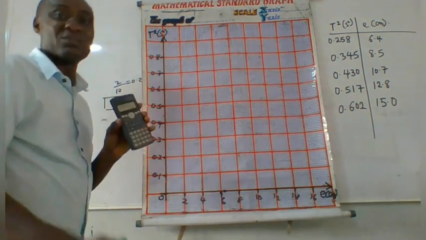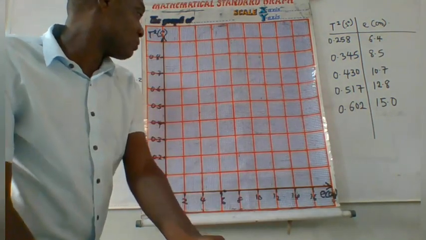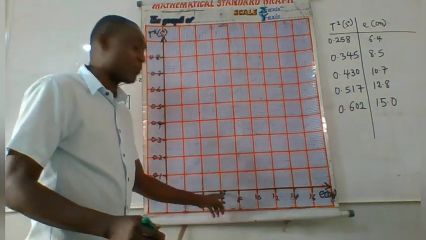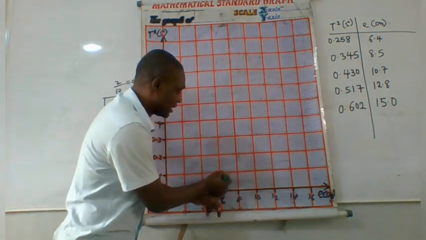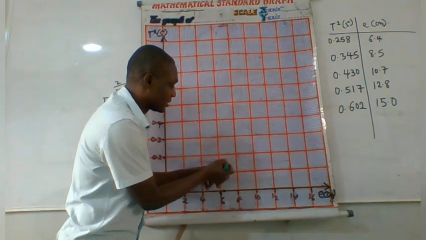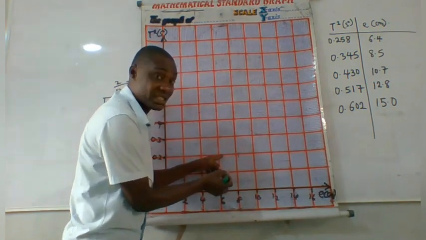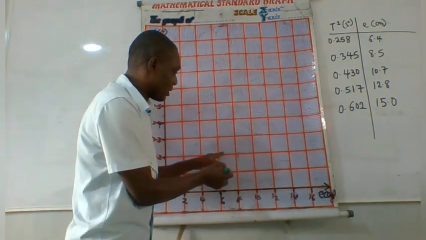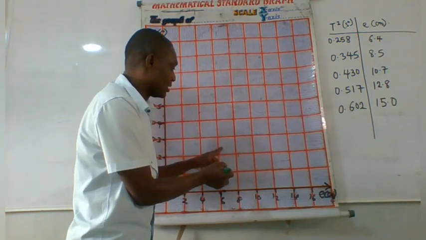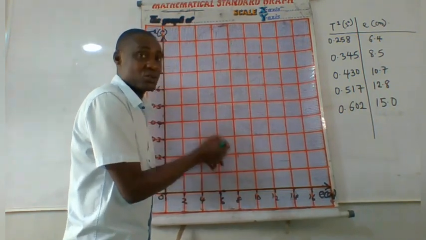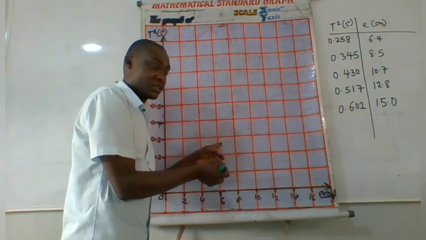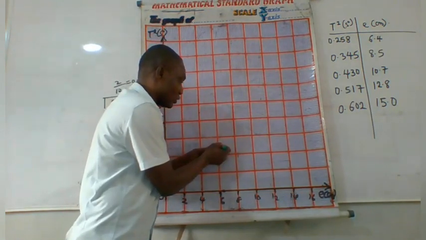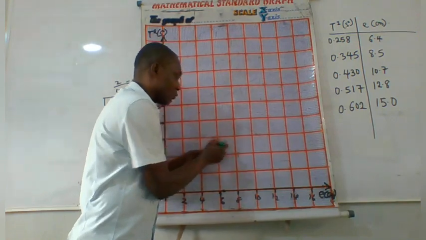That gave me 25.8. So it means that from this point, I'm going to go 25.8 places upward. So this is 10, this is 20, this is 21, 22, 23, 24, 25. 25.8 is closer to 26. So I'll just use my discretion. I'll put a dot here and I'll circle it.